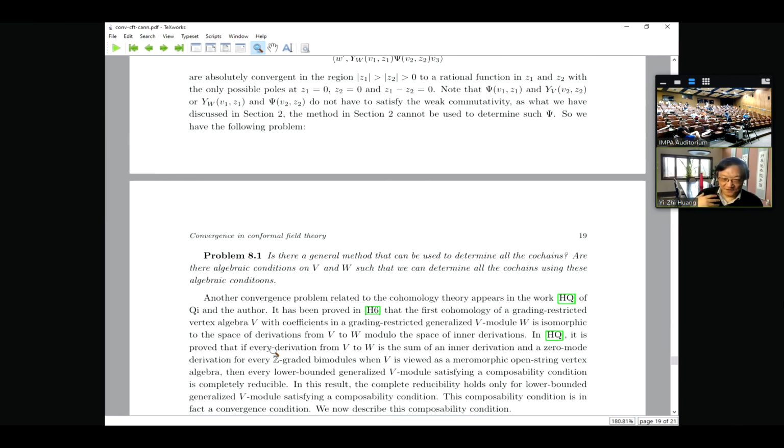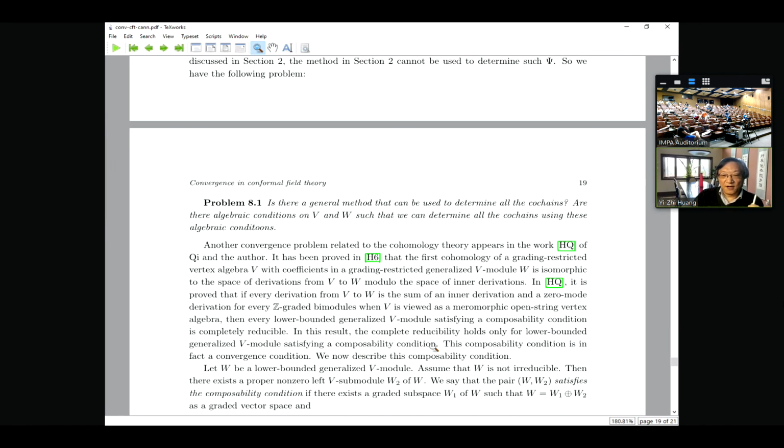If only the first cohomology had this property, then we would have complete reducibility, but we actually have another condition. The first cohomology should equal the space of zero mode derivations, but we also need a so-called composability condition on modules.